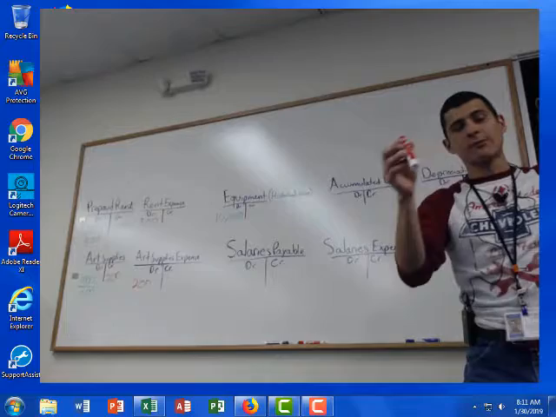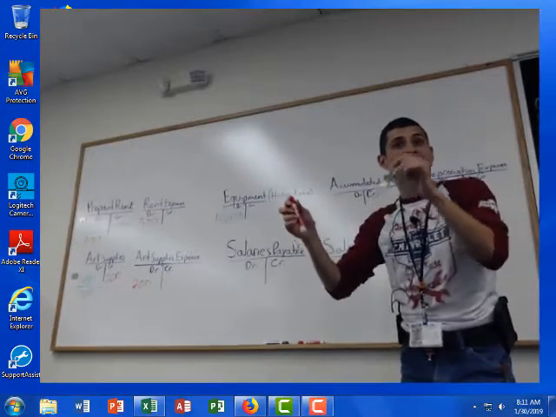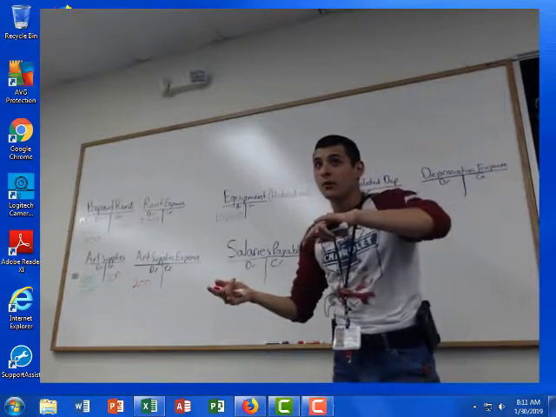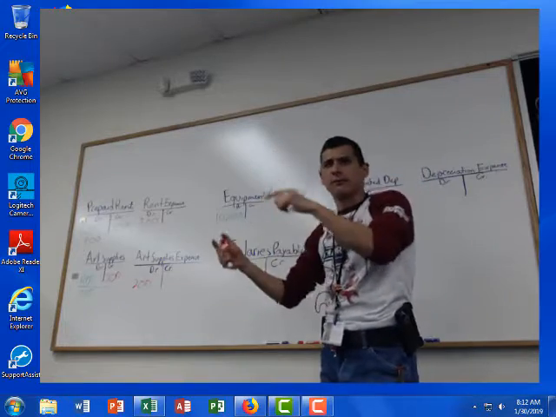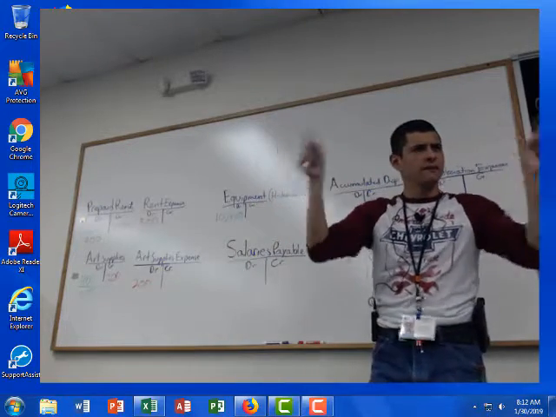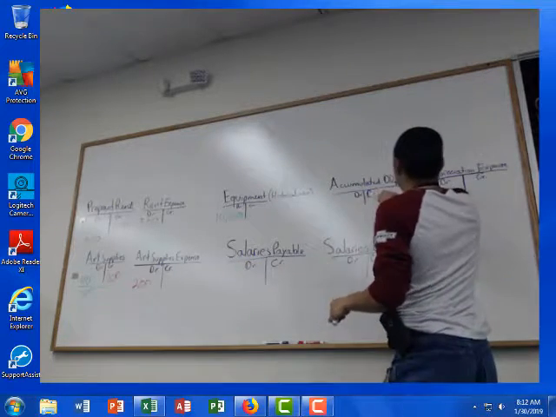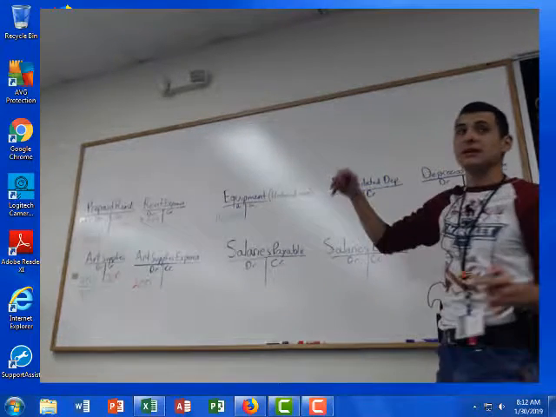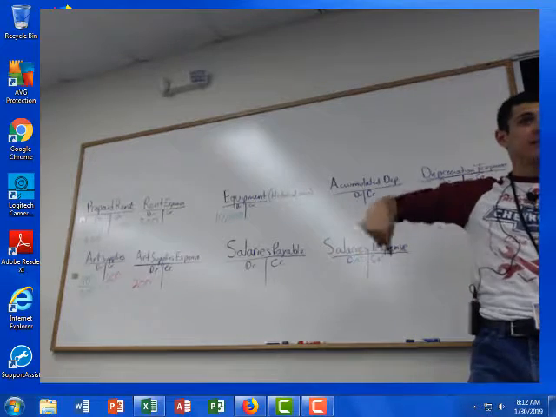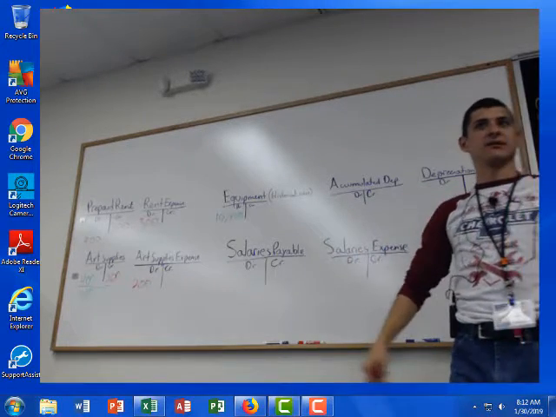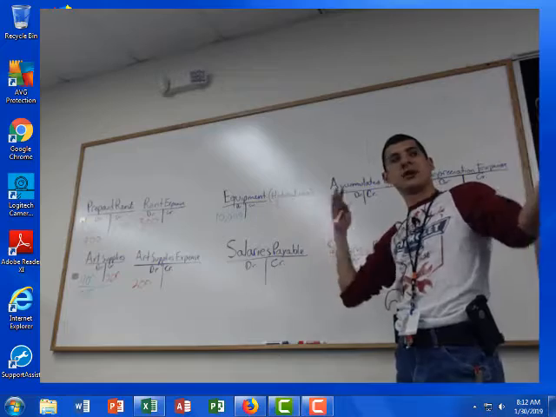What do I mean by a contra asset account? The contra asset account is basically the opposite of an asset account, hence the contradicting. The normal balance for accumulated depreciation is an increase in credit and a decrease in debit, which is the exact opposite of what an asset is, right? Contra asset.